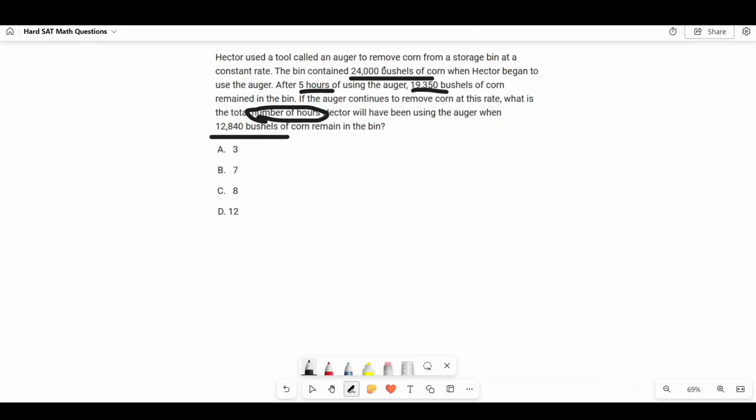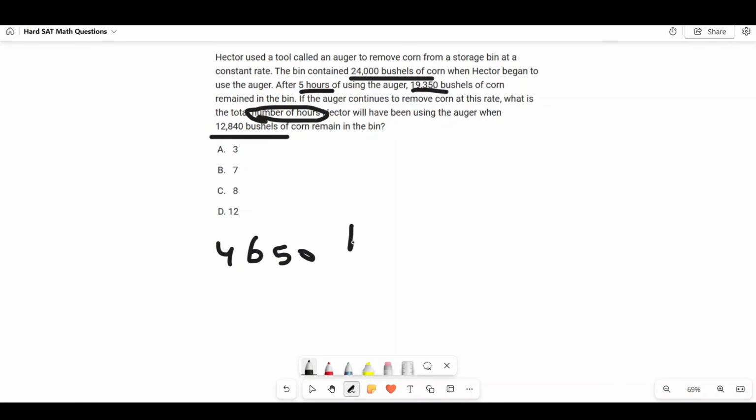And basically, since we started with 24,000 in both cases, I would subtract the 19,350 from the 24,000 on the left side and the 12,840 from the 24,000 on the right side. So 24,000 minus this number here gives us 4,650 bushels.